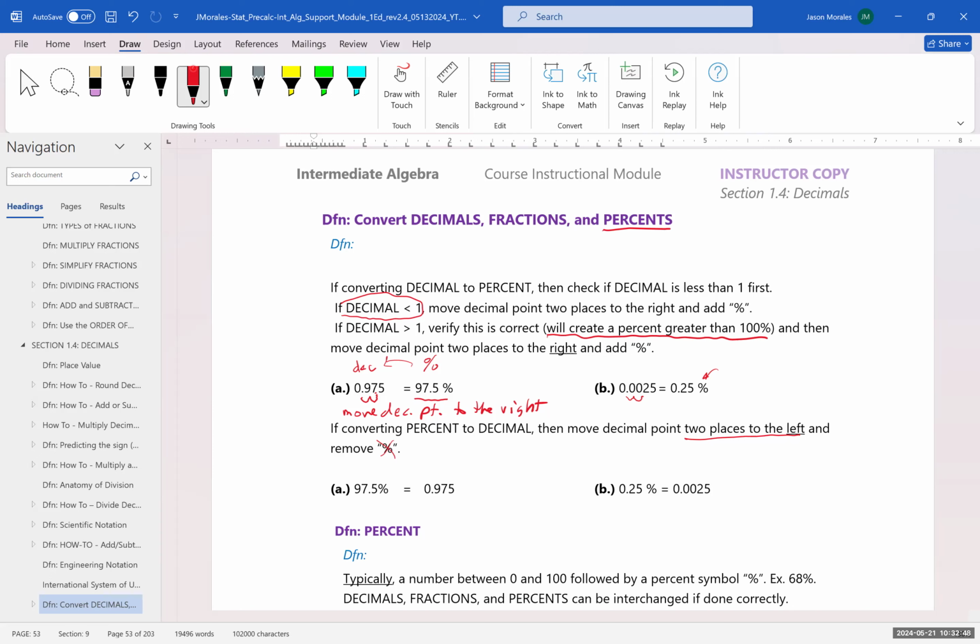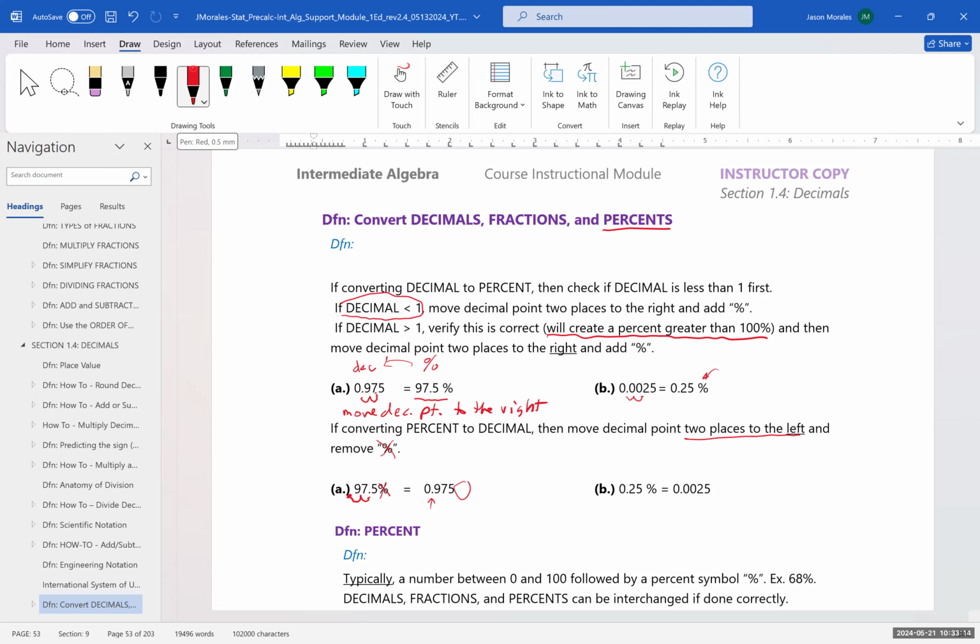So we take this decimal point and move it to the left 2 spots to be in front of the 9. And then we get rid of the percentage sign. So 97.5% is equal to 0.975.